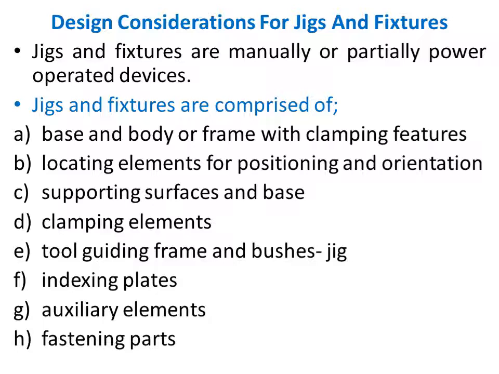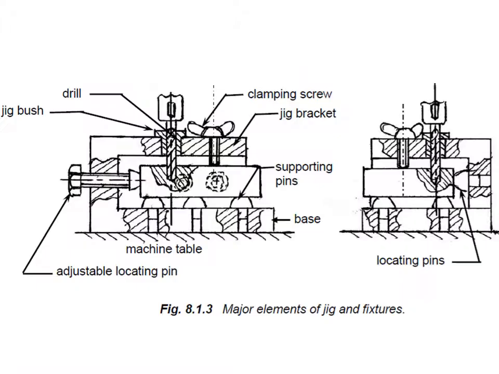The main parts of jigs and fixtures are base and body or frame with clamping features, locating elements for positioning and orientation, supporting surfaces and base, clamping elements, tool guiding frame and bushes, then indexing plates, some auxiliary elements and fastening parts. So let us see all these elements with reference to the figure.